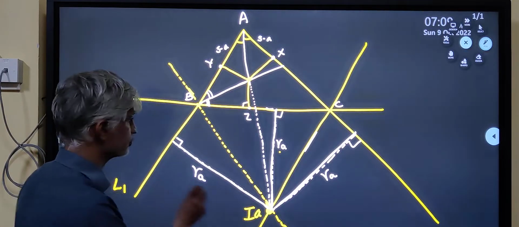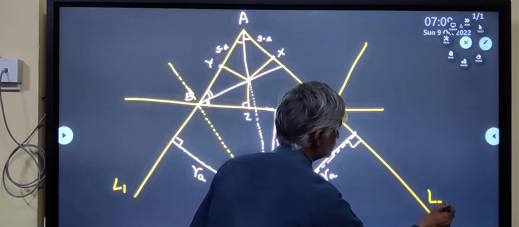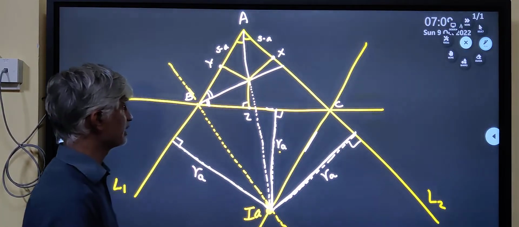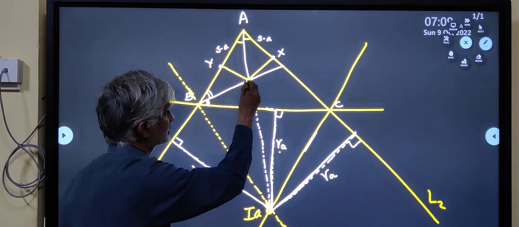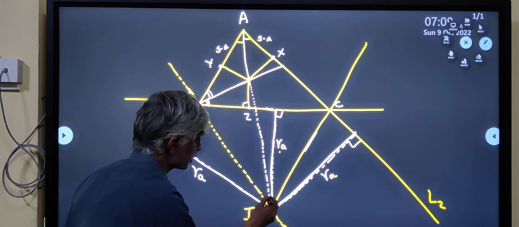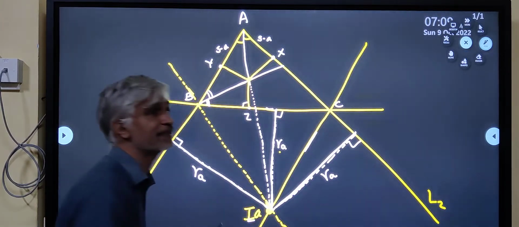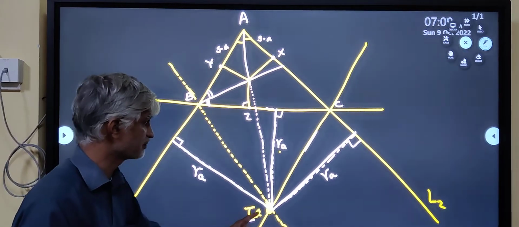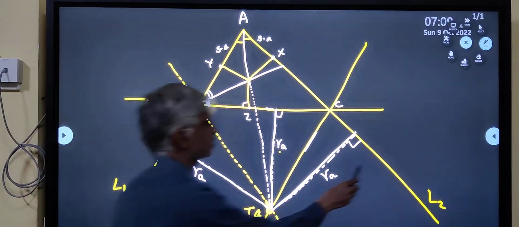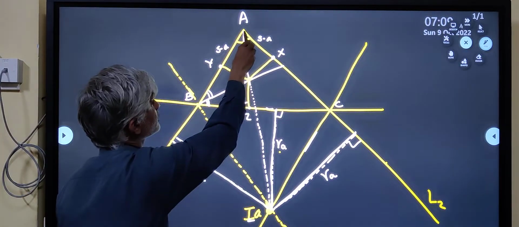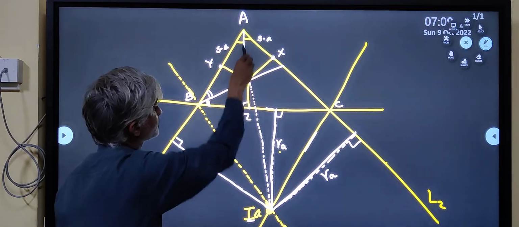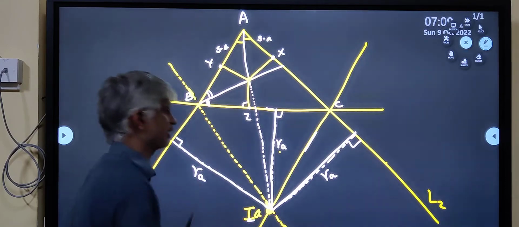And this point is also the same distance from L2, which means that this point lies on the angle bisector of A, and therefore in anticipation of that I have already extended the angle bisector here and made it pass through point IA in my construction. But now you are convinced that my construction is correct. So I repeat, this point being equidistant from this line and this line lies on the angle bisector of angle A, and therefore this line, which is the angle bisector of A extended, passes through IA.